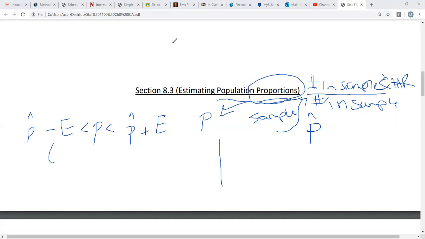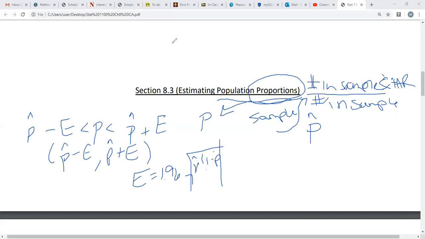And again, we can write that in interval notation as well, P hat minus E, P hat plus E. To calculate our margin of error in this scenario, we need the formula E is equal to 1.96 times the square root of P hat times 1 minus P hat over N. And then as always, we need to make sure to include that interpretation.